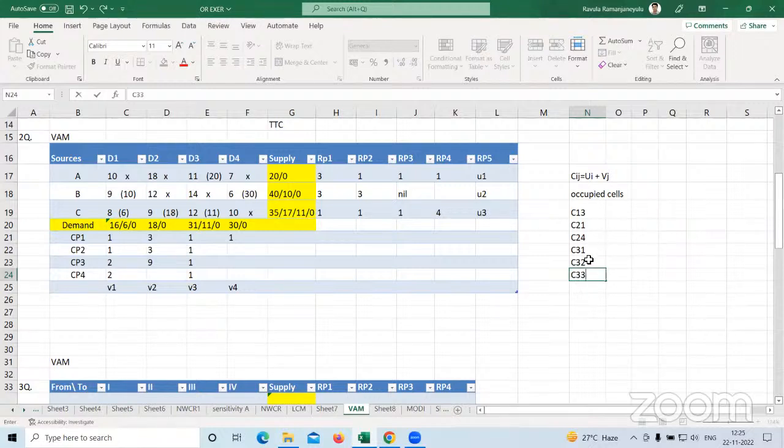All these are occupied cells, occupied by the units which we allocated.